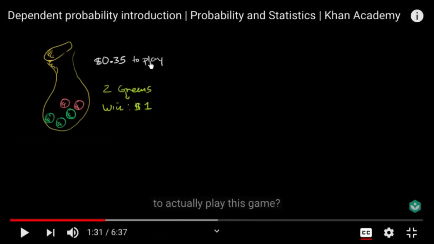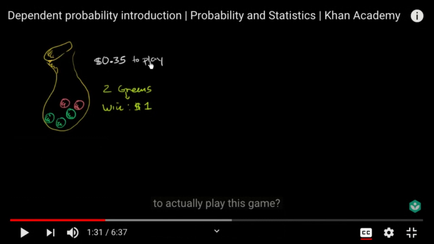Okay. So let me just ask you, is it worth playing the game for 35 cents to pay? What's the probability of you winning this game, to get 2 green marbles consecutively?